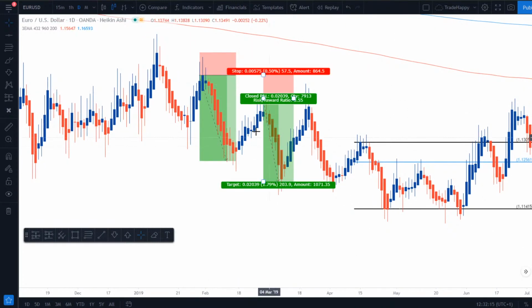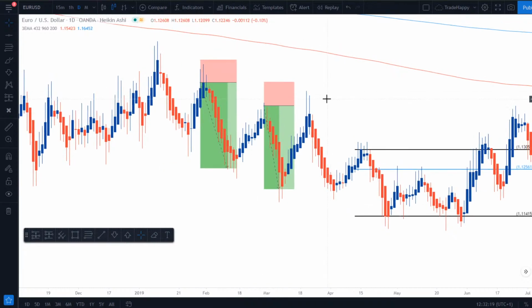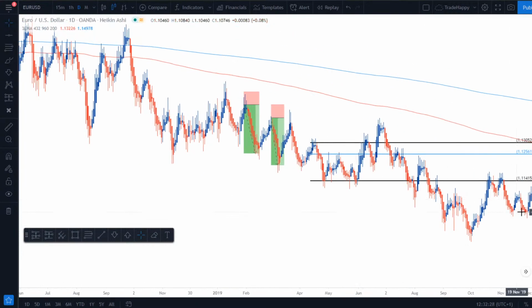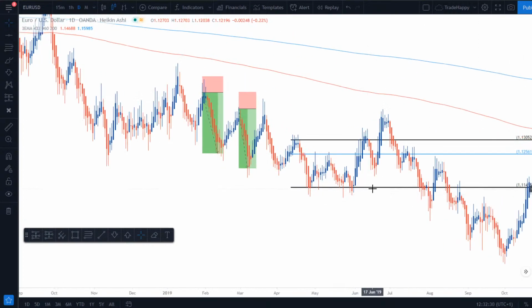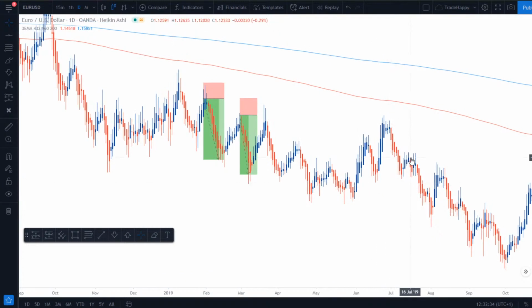So you're risking 1% to get an average of 3.6, I'd say, which is really, really good. I'm aiming for anything above 3. So yeah, that's the daily strategy that I'm using, and that's my go-to strategy.